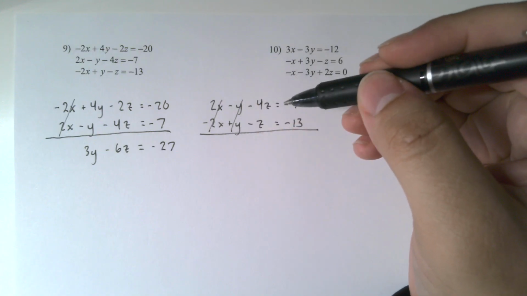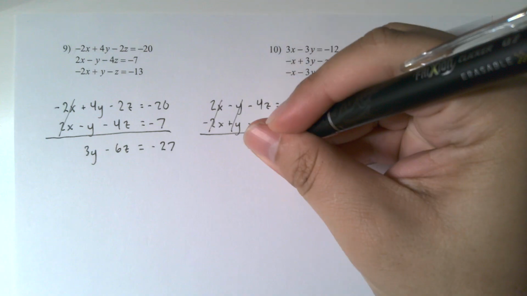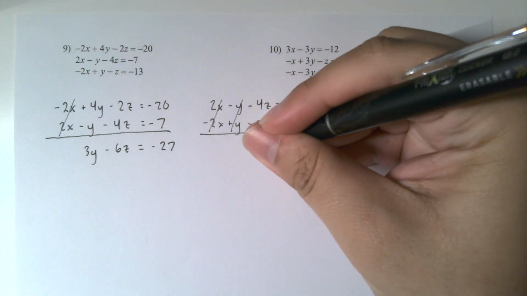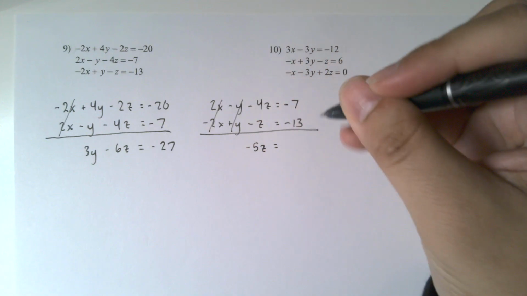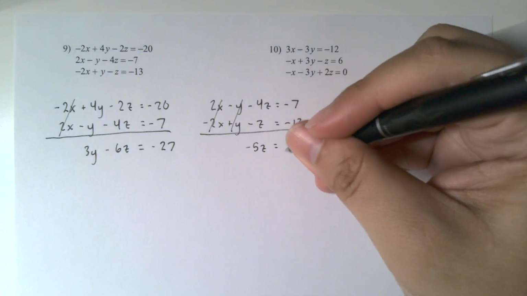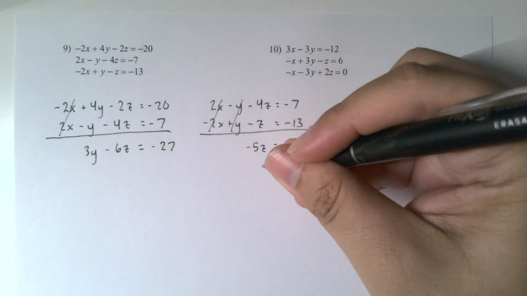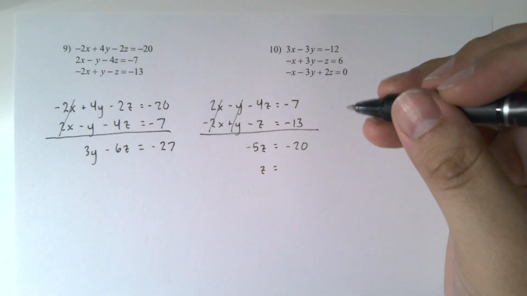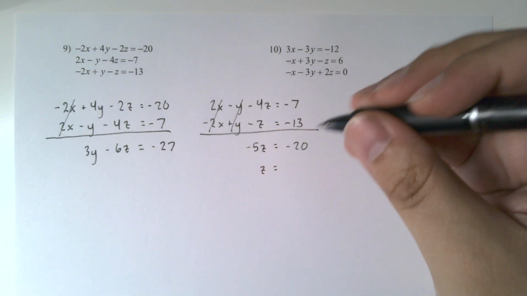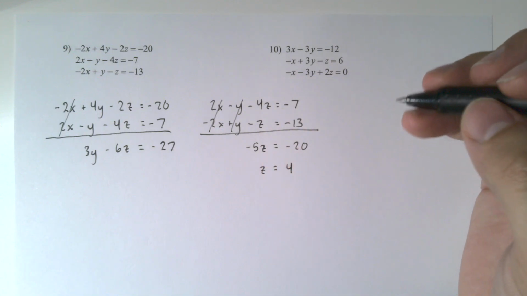That will just leave us an equation with just z. So when we do negative 4z minus z, we get negative 5z, and we have negative 7 minus 13, which is going to be negative 20. If we divide by negative 5 on both sides, z will be equal to negative 20 divided by negative 5, which is going to be a positive 4.